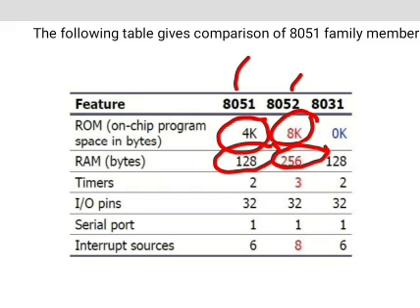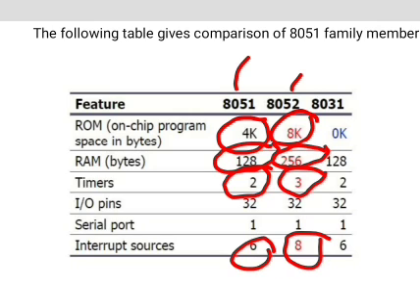What about the timers? The 8051 has two 16-bit timer and event counters, but the 8052 has three 16-bit timer and event counters. That means it has an extra 16-bit timer event counter. And next, interrupt sources: 6, but in 8052, 8.